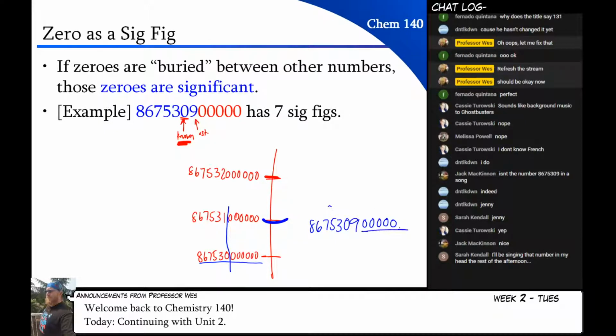So these are my placeholders, but this number is known. Just because it's 0 doesn't mean that we can't still know for sure it's a 0. Whereas in these other numbers over here, these could be any numbers that we wanted to. We have rounded them to 0.